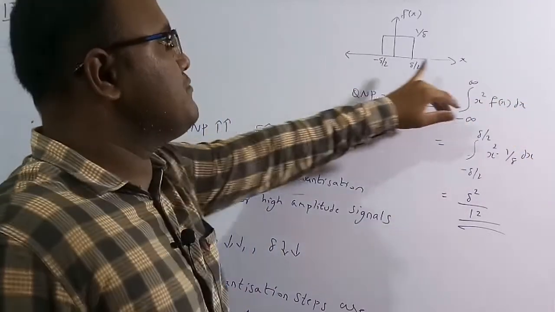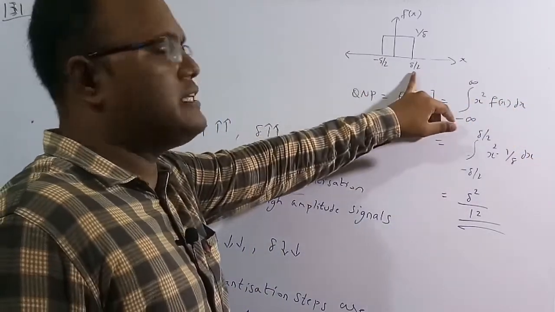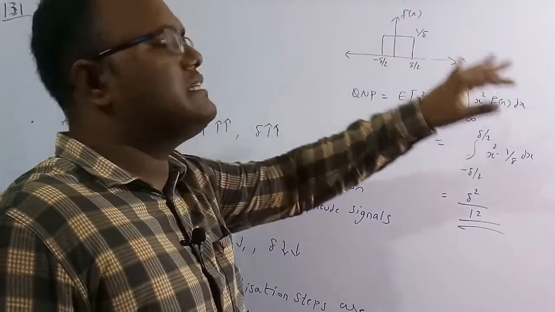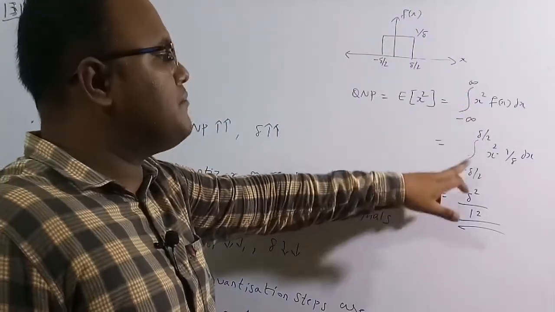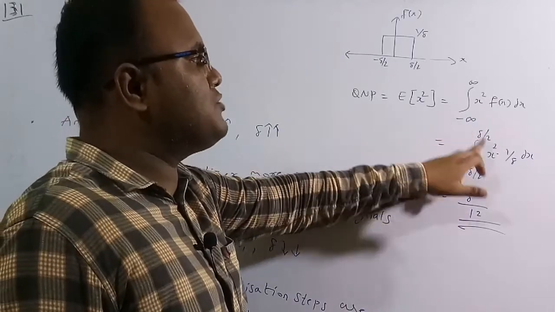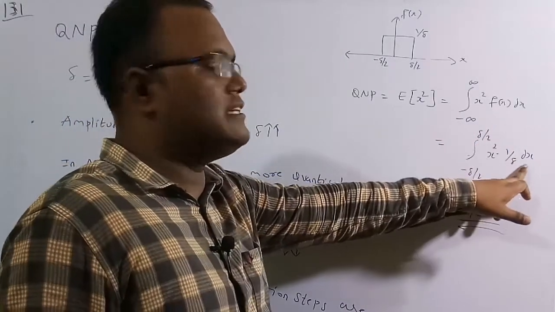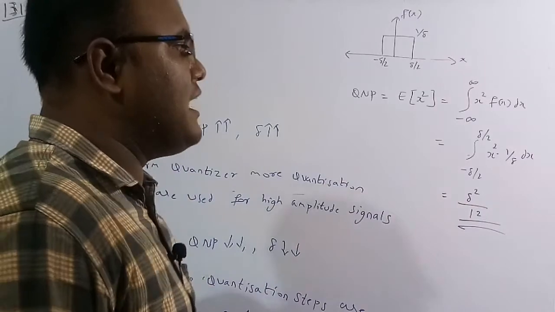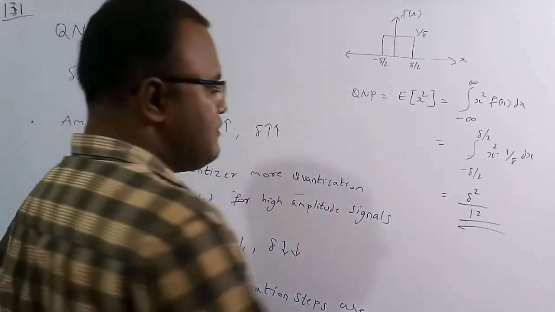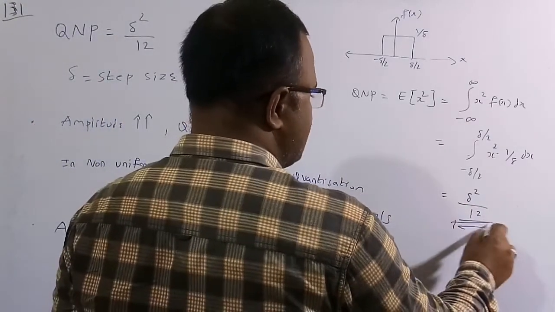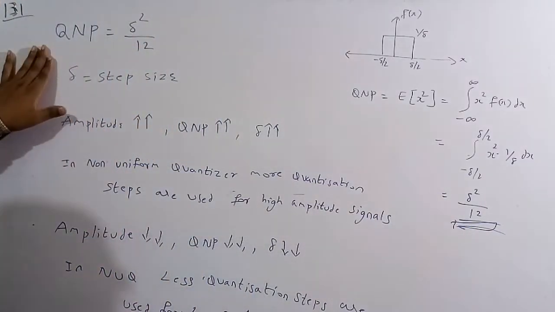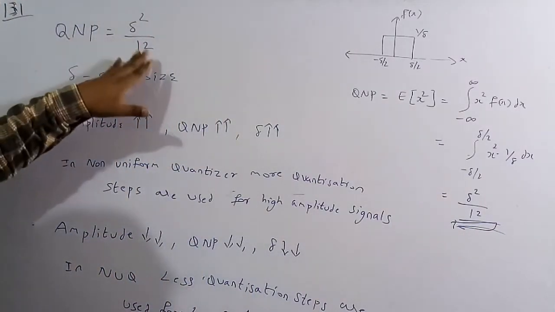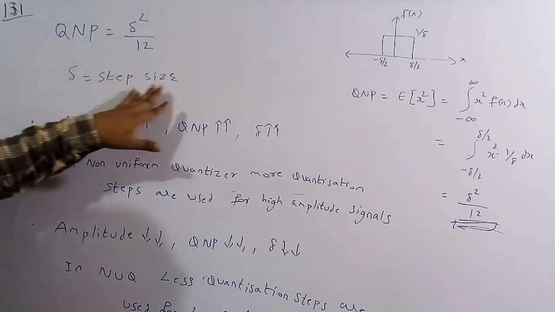As this function is defined only from minus delta by 2 to delta by 2, and at all other instants its value is 0, this integration reduces to the integration from minus delta by 2 to delta by 2 of x square into 1 by delta dx. If you do the integration and substitute the limits, finally we get the quantization noise power equal to delta square by 12, where delta is called the step size.